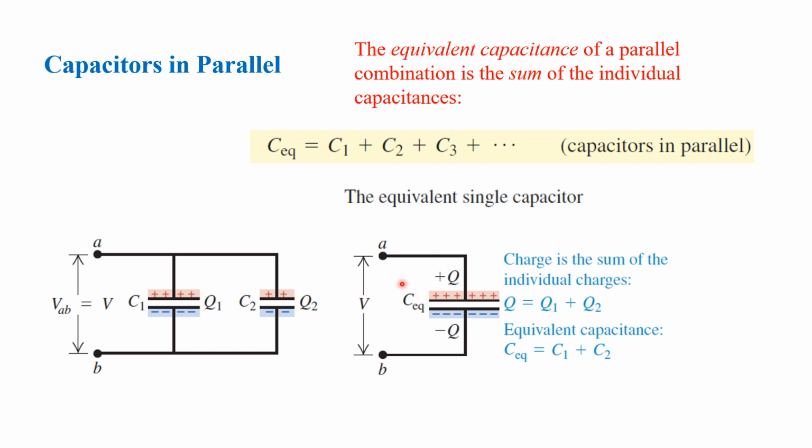If the charge of capacitor 1 is Q1 and of capacitor 2 is Q2, then the charge Q of the equivalent capacitor is Q1 plus Q2.